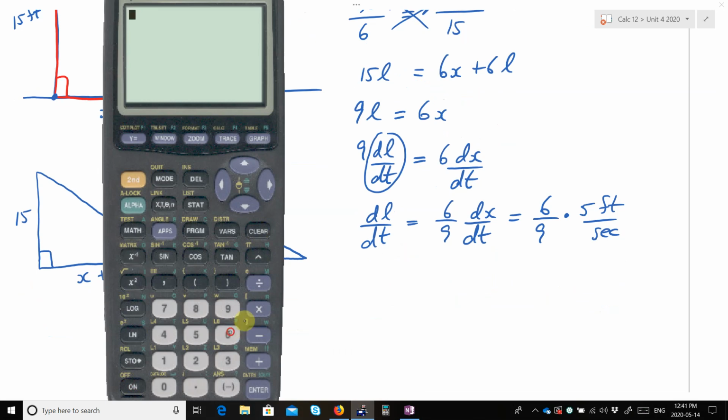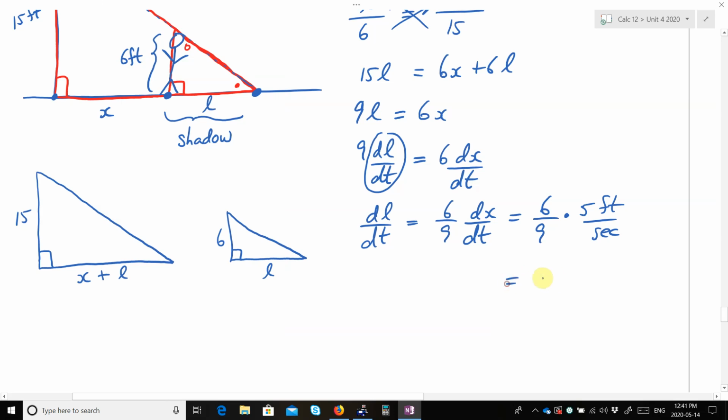So we end up with 6 times 5 divided by 9. If we fraction that, 10 over 3. Over 3 feet per second is the amount that the shadow is lengthening. Change in shadow length with respect to time.